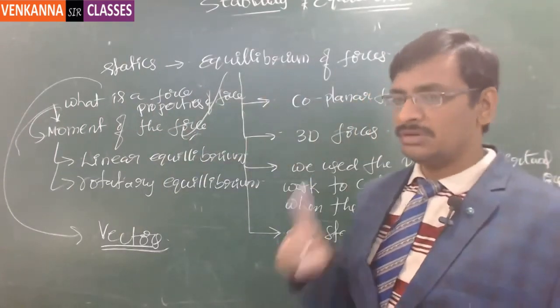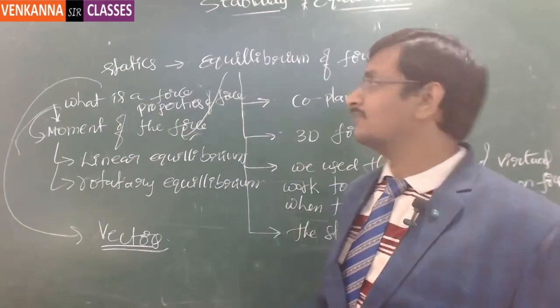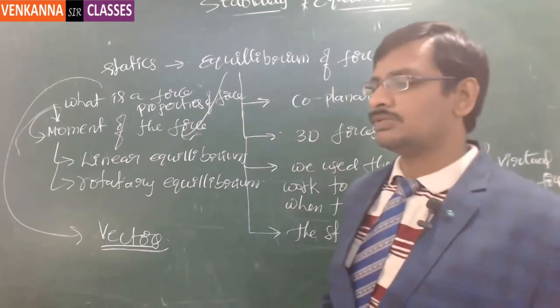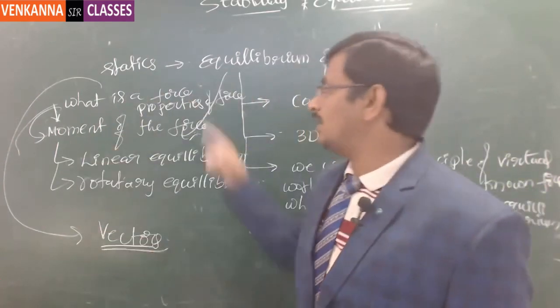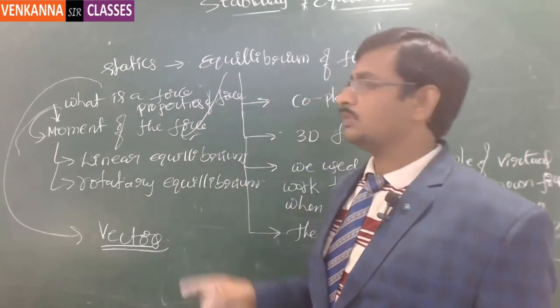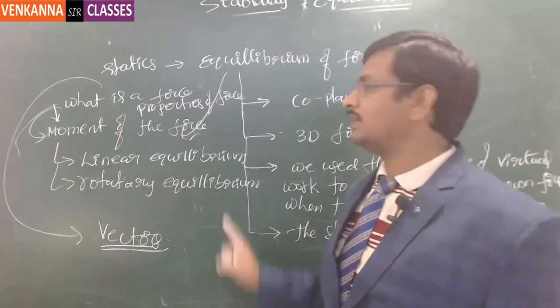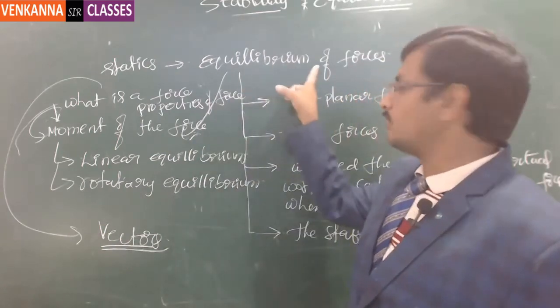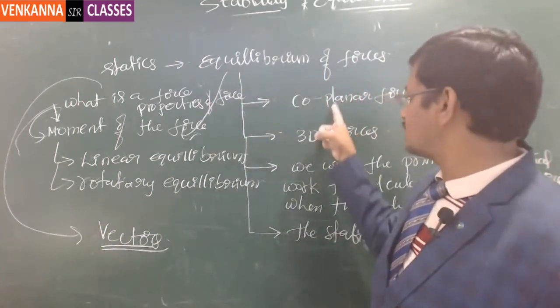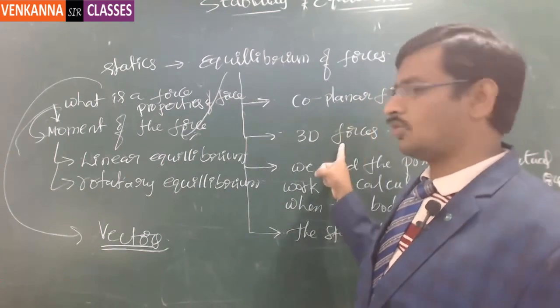But if you notice, there is only one topic we are dealing with, that is the equilibrium of forces, and all these things are the necessary requirements to understand the equilibrium of a body. We dealt with all of these in detail, and the equilibrium of forces in different ways, that is, coplanar forces and non-coplanar forces.